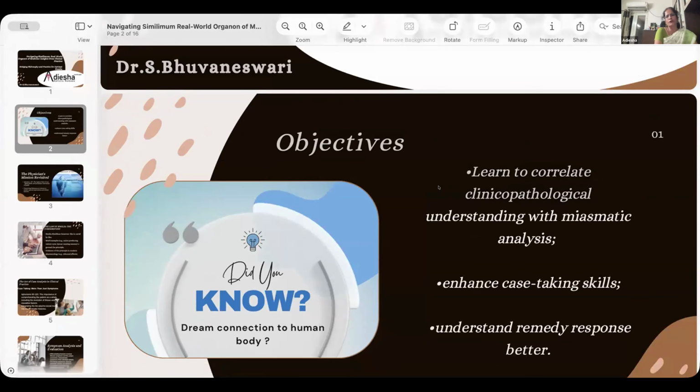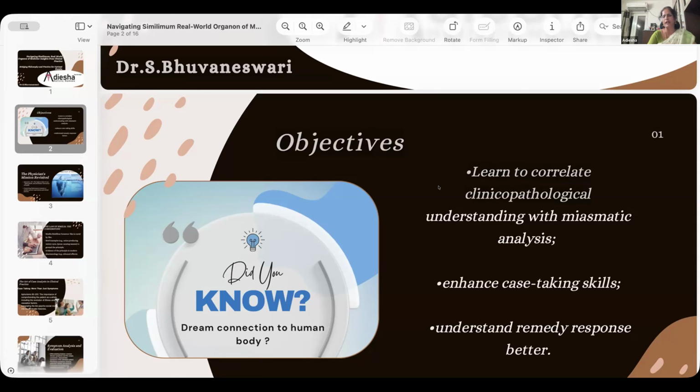The objectives of today's topic are to learn to correlate the disease symptoms and the personality symptoms. That is, matching the clinico-pathological symptoms and understanding the personality as well as constitution in the case of chronic diseases, and always connecting with miasmatic analysis.